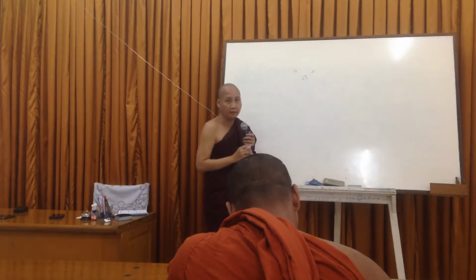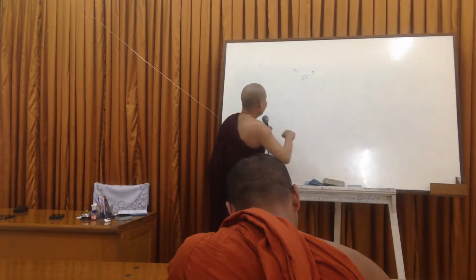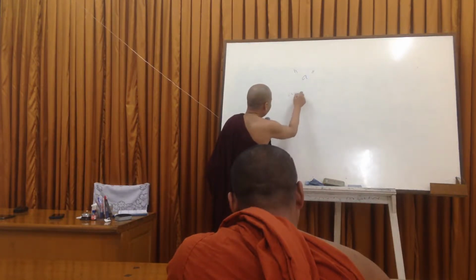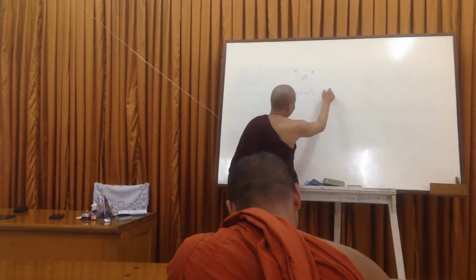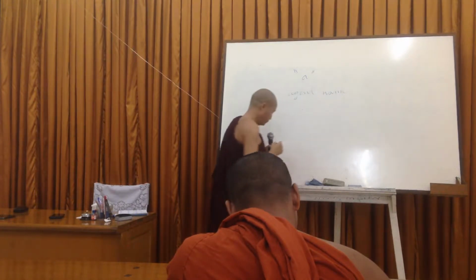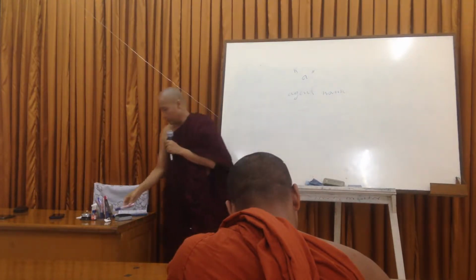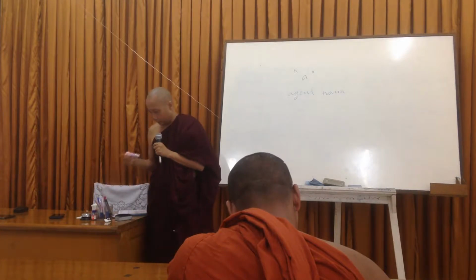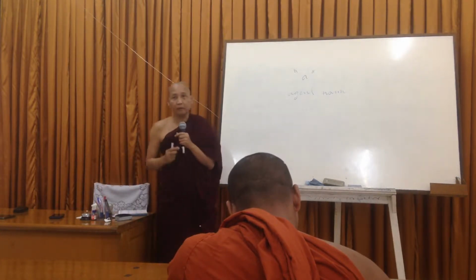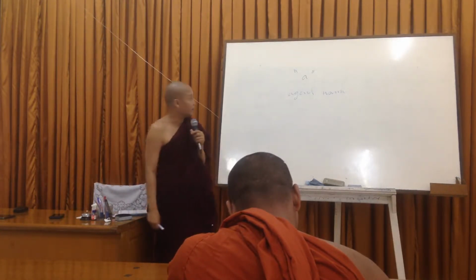The suffix is R. This suffix refers to the agent noun, so we can make an agent noun, the doer or the maker, by using this R suffix.